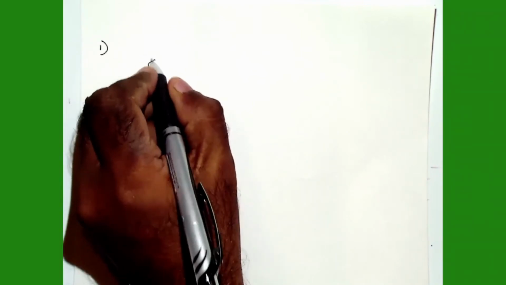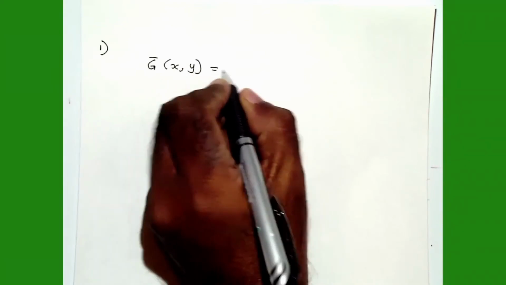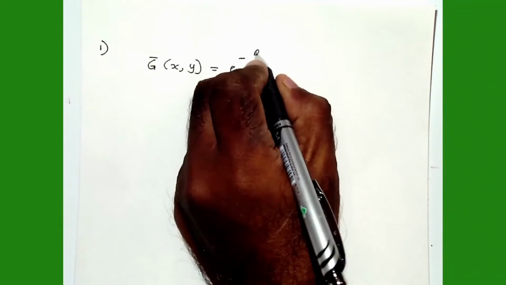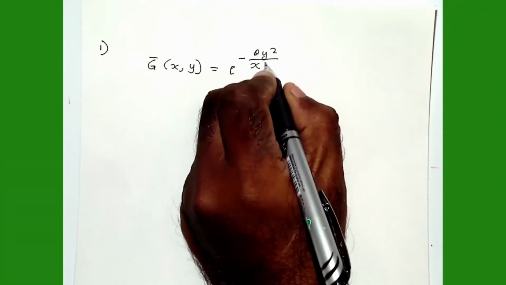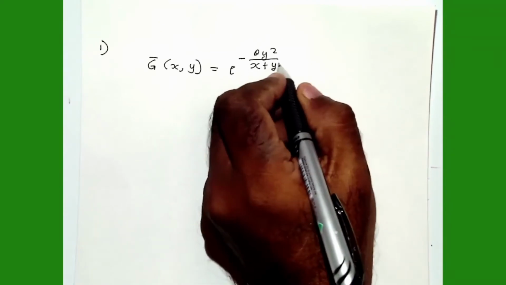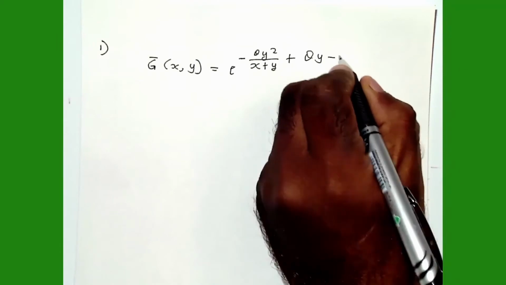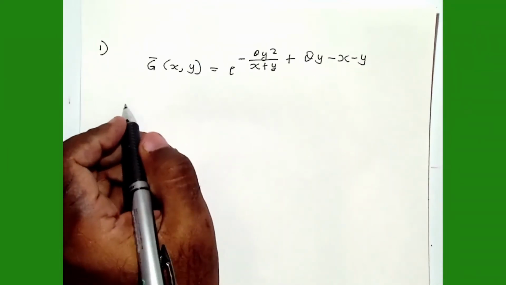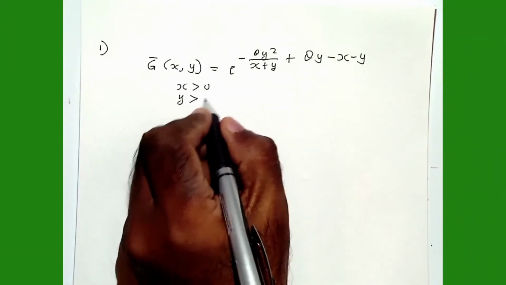Question 1. You are given the following joint CDF, for x greater than 0 and y greater than 0.